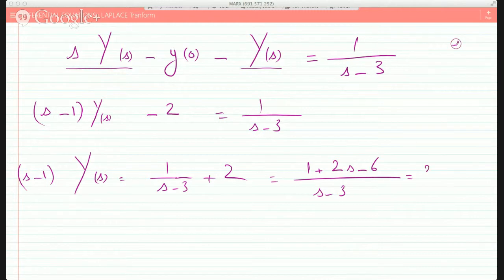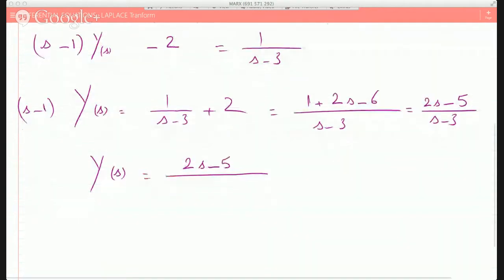And then this becomes 2s minus 5 over s minus 3, because 1 minus 6 is minus 5. Therefore, Y of s is equal to this divided by s minus 1. So that's 2s minus 5 over s minus 3 times s minus 1.